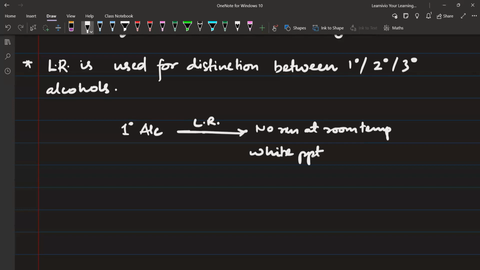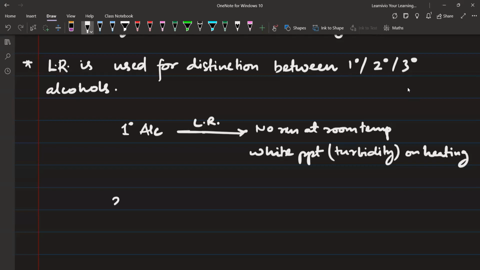Like if you have chalk powder and mix it in water, you will see something whitish in the complete solution. That is generally known as turbidity. Turbidity भी बोला जा सकता है, on heating. So if you heat it, then only it is going to form RCl. RCl is insoluble, that is why it forms white PPT.